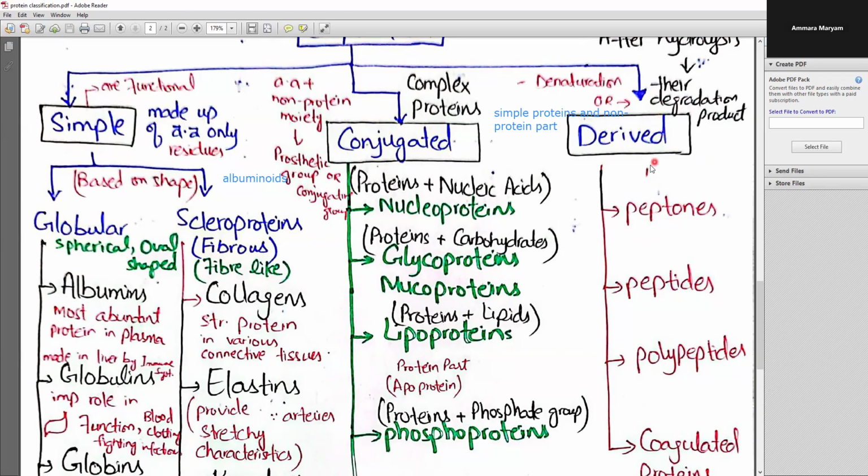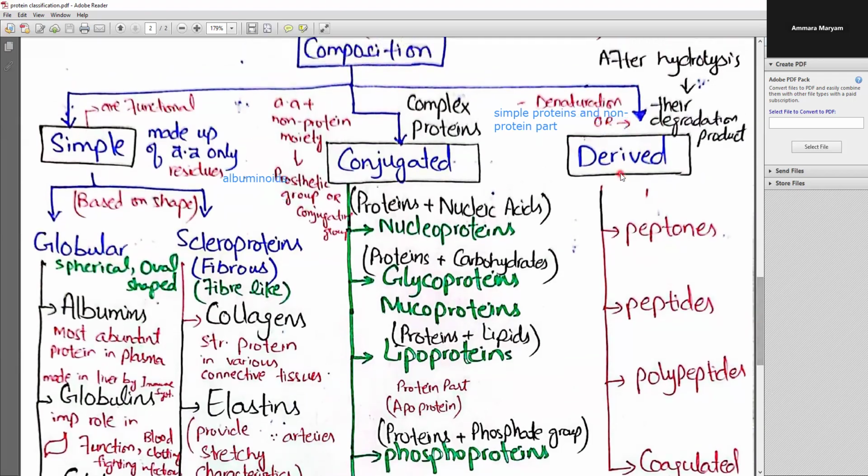So ये मतलब किस तरह से ड्राइव होती हैं. So they are derived either by denaturation or degradation. There are two ways to produce derived products from the simple and the conjugated proteins. These two processes can be denaturation or degradation. So you can say these can be denatured or degraded products of the simple and conjugated proteins.